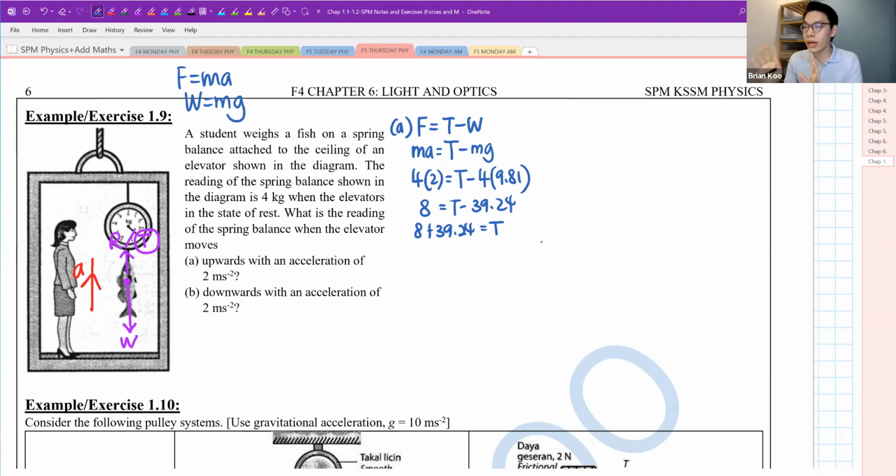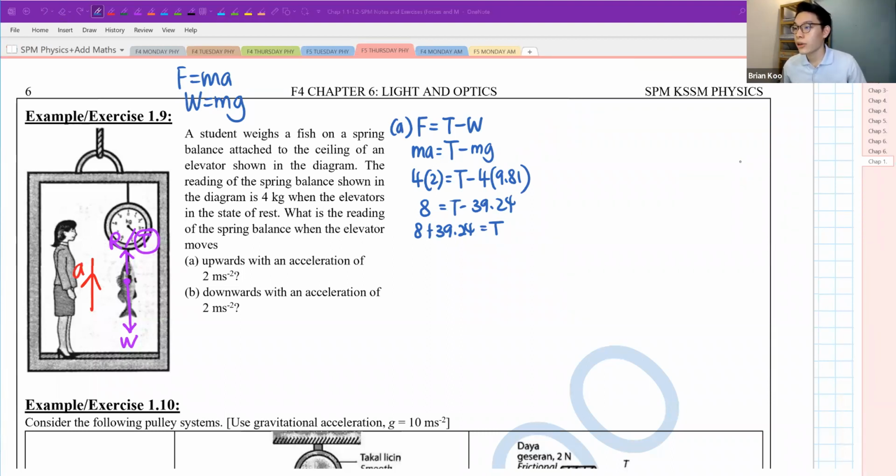So don't worry about the direction anymore. The negative 9.81 we will use only in Form 4, when we are calculating using the formula. Right now, we just use all positive values.